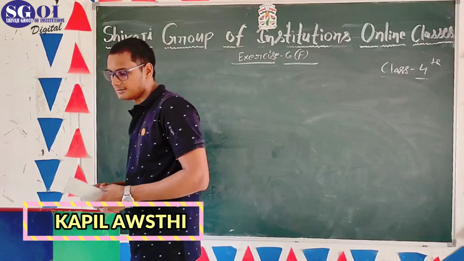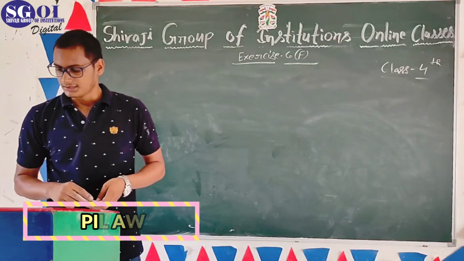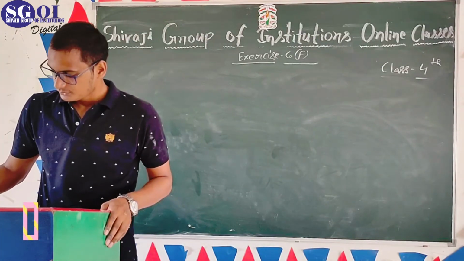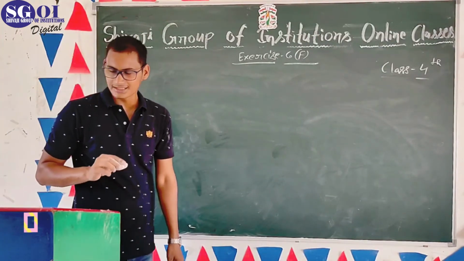Next, question number 12. The weight of a toy is 736 grams. What is the weight of 250 such toys?